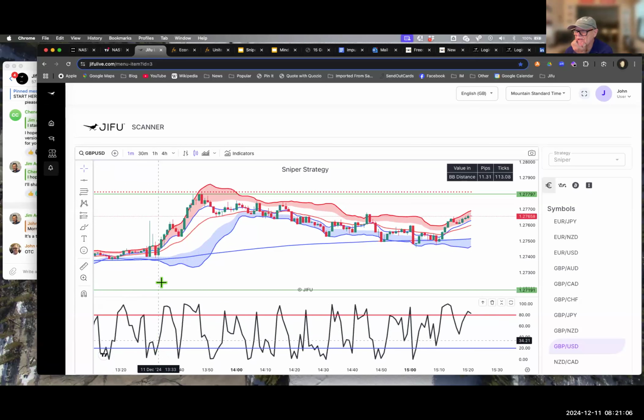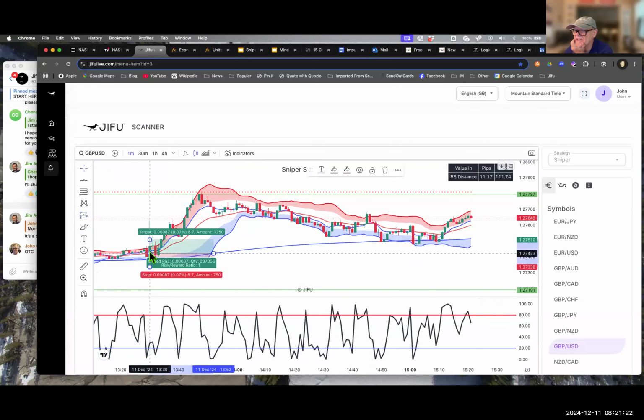So one of these candles here, this one popped up. We didn't know it was going to come back down again. But wherever your stop loss was, if you were entering here, your stop loss would have been well out of the way.